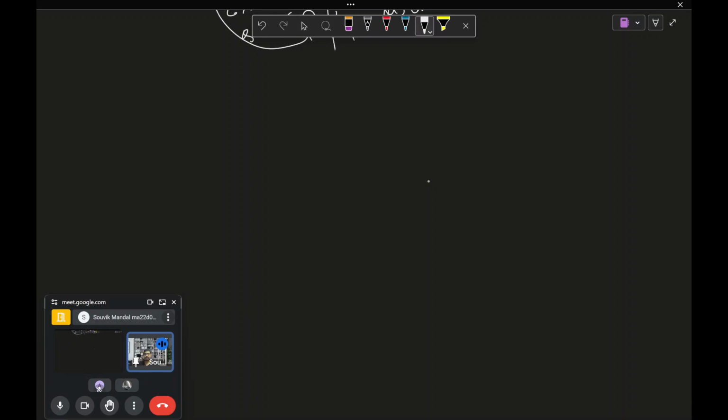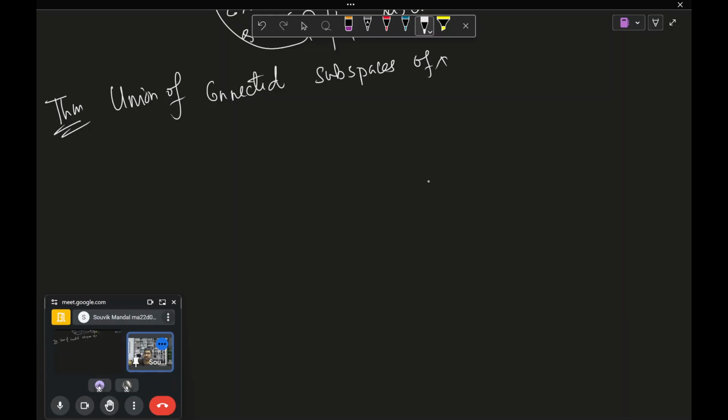So there is our next theorem, which tells that the union of connected subspaces of X having non-empty intersection is connected.